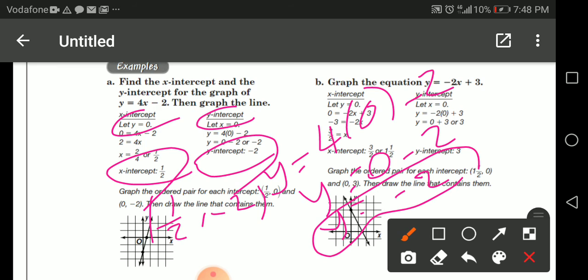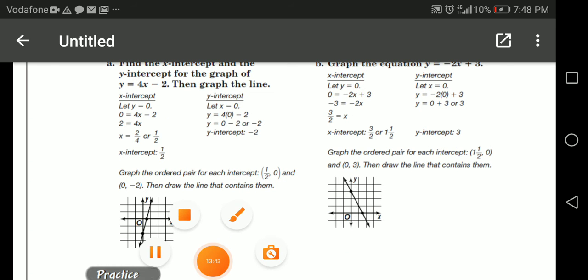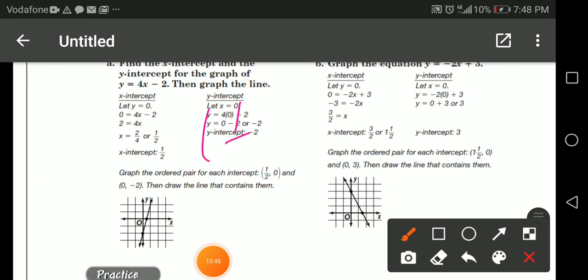Okay, guys? So he asks me now to draw the line that contains them. Graph the ordered pairs for each intercept, and then we have the intercepts are half and negative 2. And then draw the line that contains them. But remember we have here half and what? For x here half, we said that y is 0.